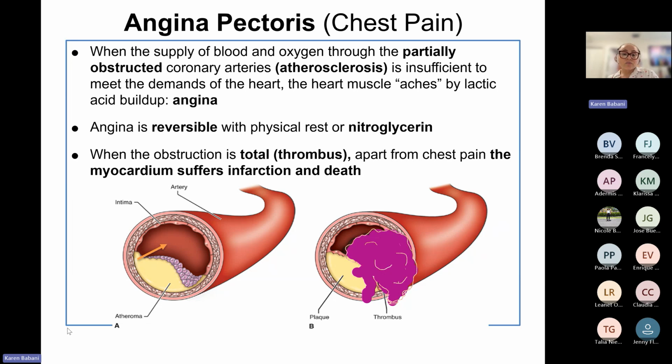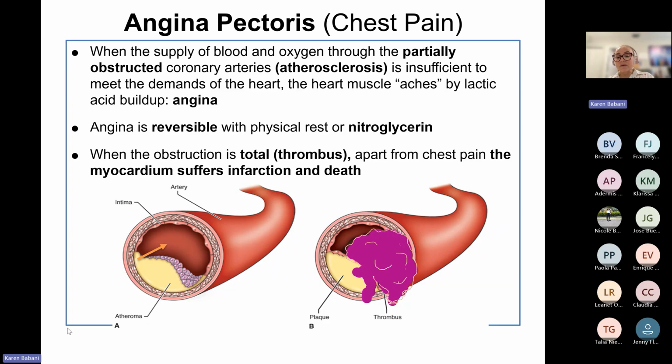And there's also the lactic acid buildup. That's what leads to angina. This angina is reversible. When I say reversible, I'm talking about the stable, either with rest or with nitro. So that's how we know it's stable.